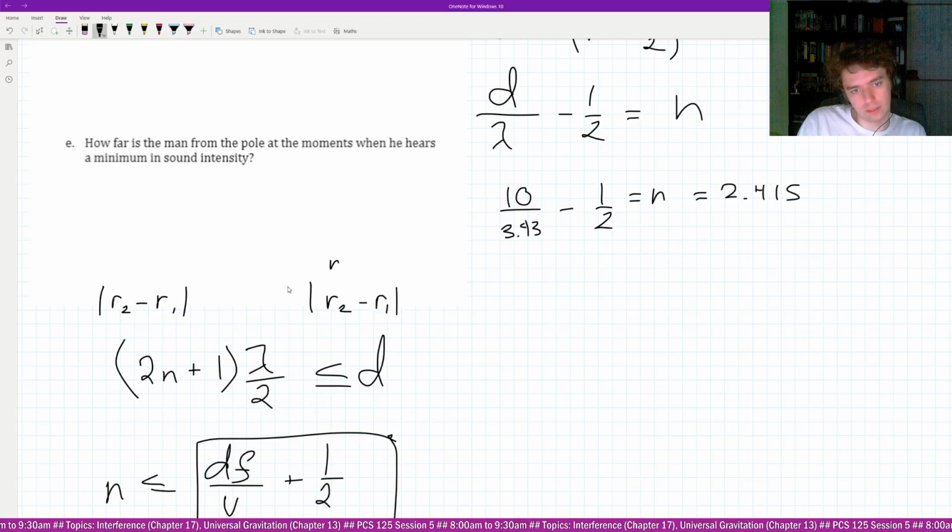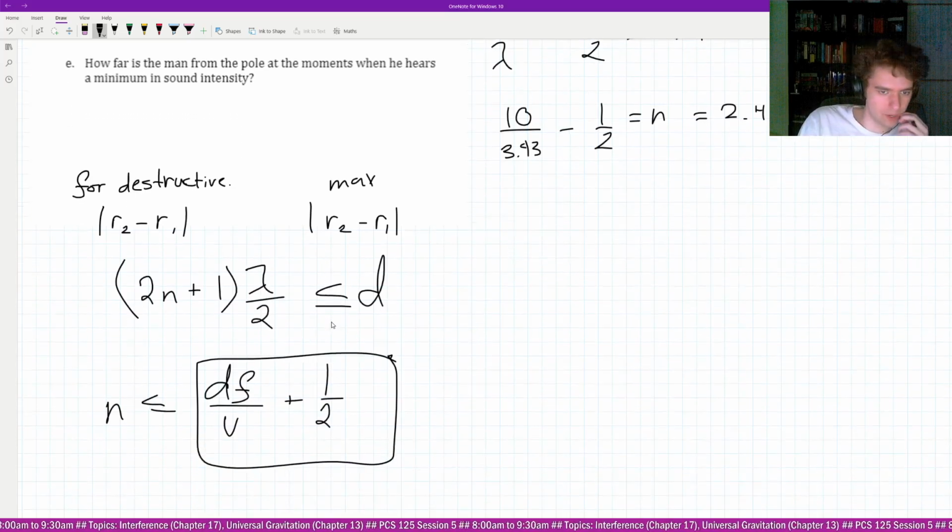This is the max, and this is for destructive. So we compare those two and solve for n.